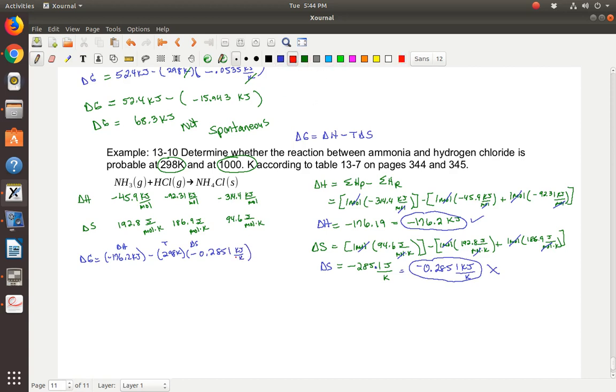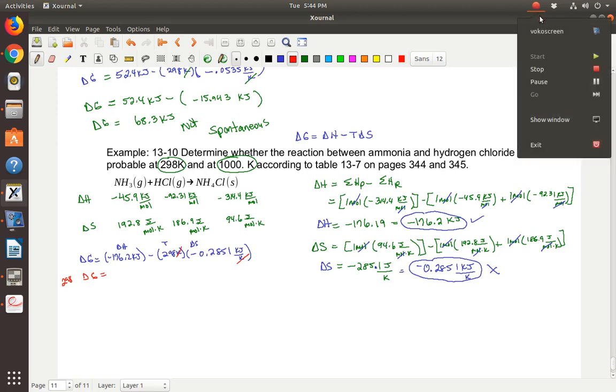All right, so go ahead and cancel kelvins and calculate what this first delta G is. This is for the 298 temperature. And we'll figure out if that one's probable.